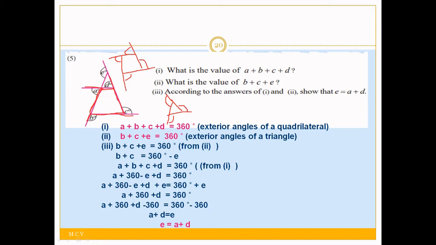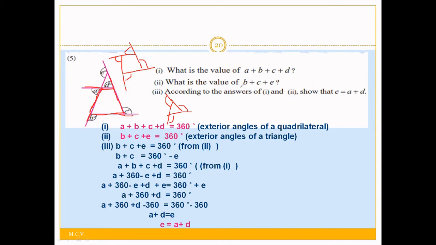So E plus B plus C equals 360, because the sum of exterior angles of a triangle is 360 degrees. Now, Roman number 3, according to the answers of Roman number 1 and 2, that means you have to use these two results in the next problem. Show that E equals A plus D.